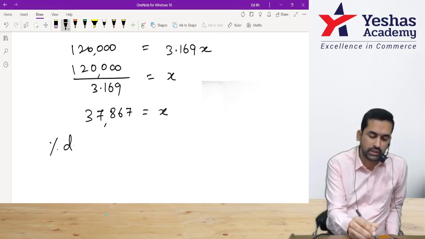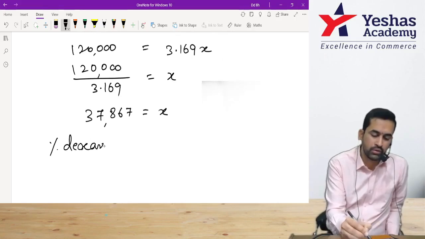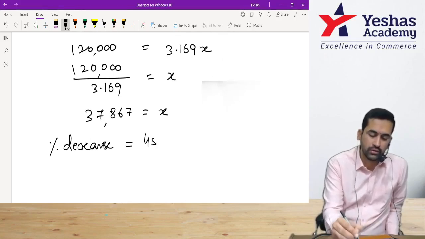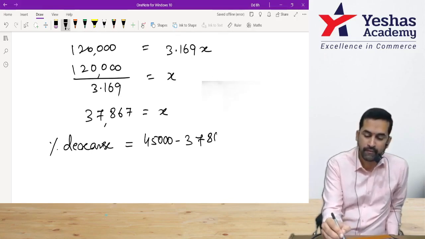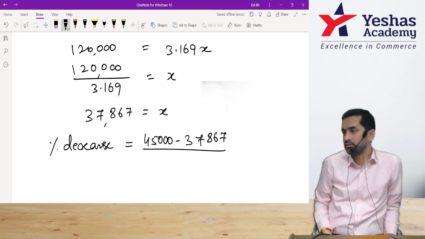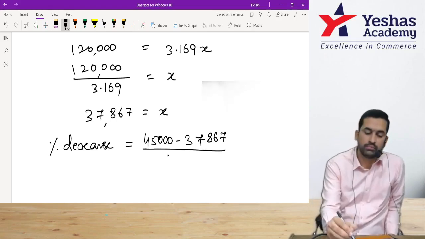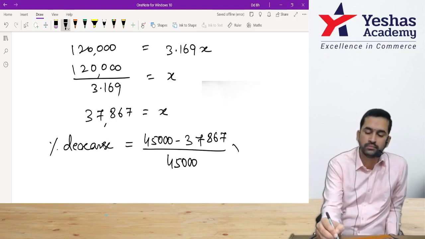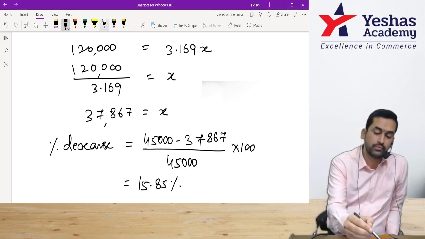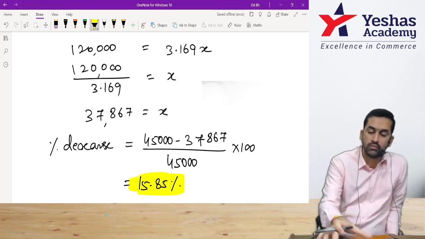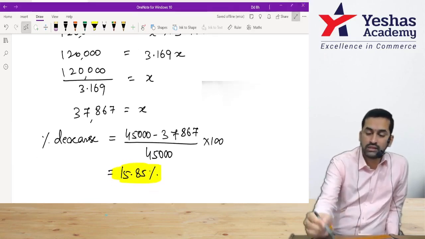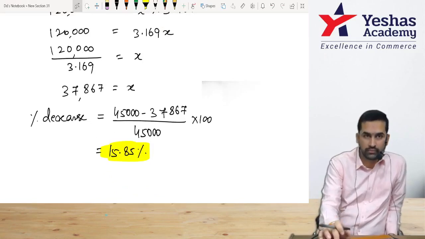Therefore, percentage decrease. Original number 45,000, and you want this to be 37,867, by original number, 15 point. Now just consider the two answers you have.